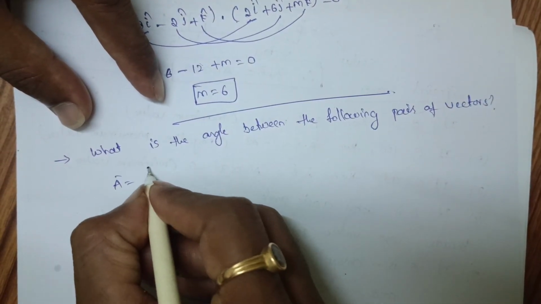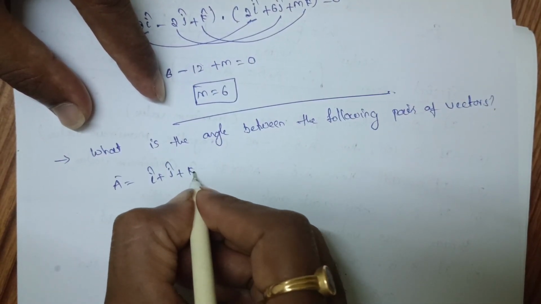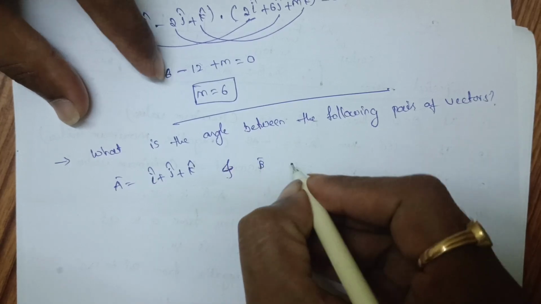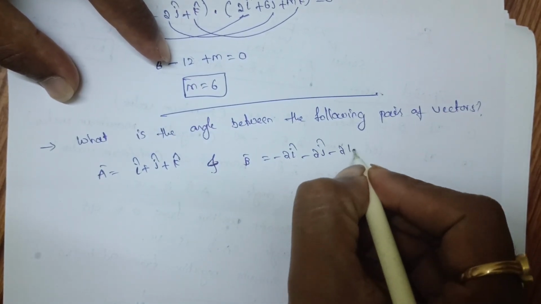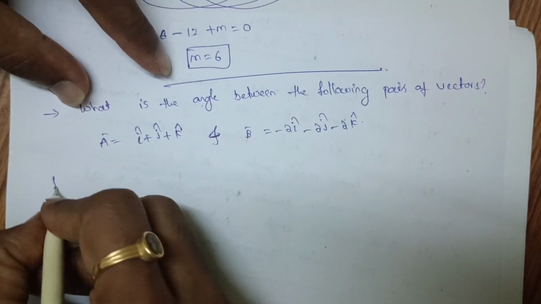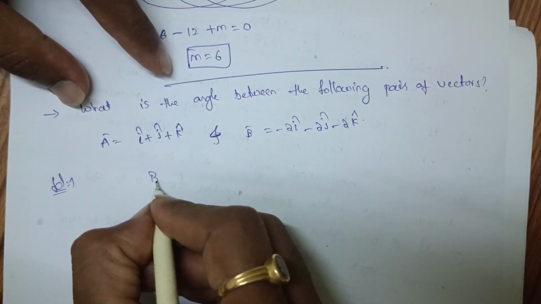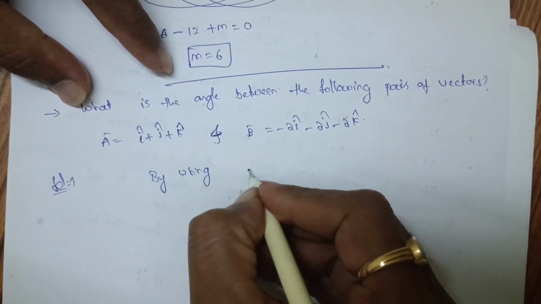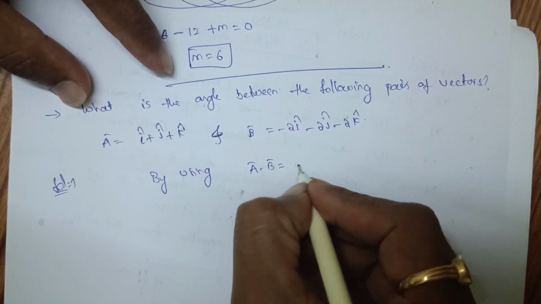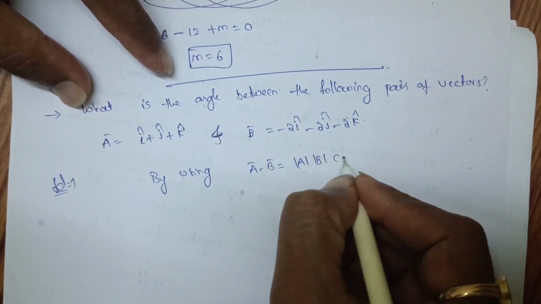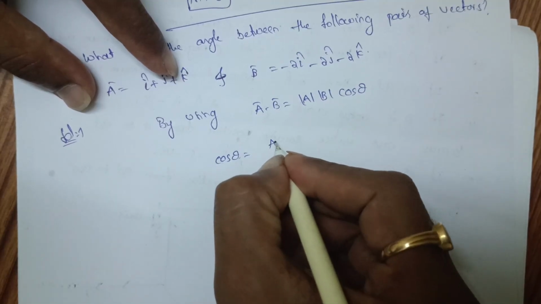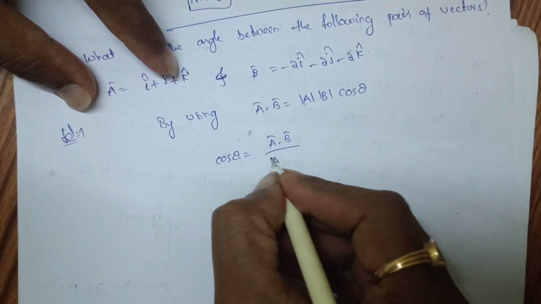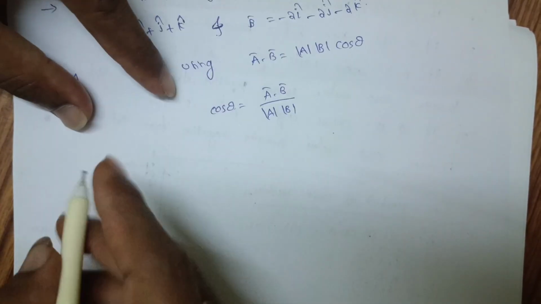A is equal to i plus j plus k and b is equal to minus 2i minus 2j minus 2k. Then by using a dot b is equal to ab cos theta, cos theta is equal to a dot b by magnitude of a magnitude of b.